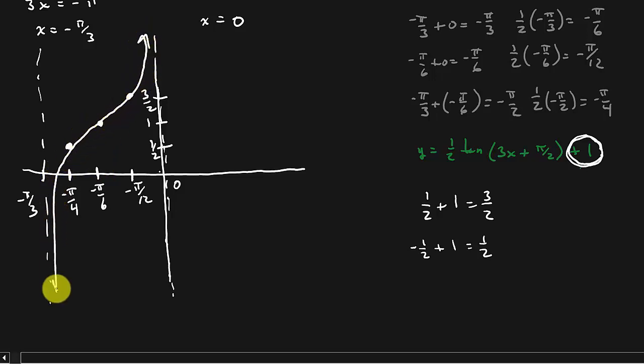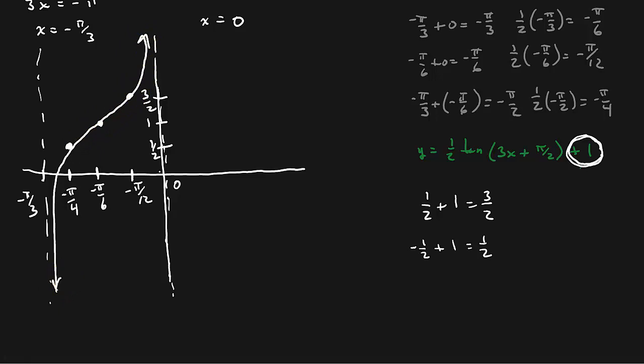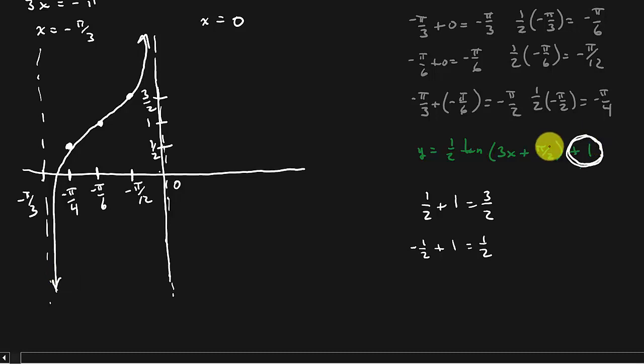So my graph would look like this. Let me just sketch this part without the plus 1. I would have a negative 1/2 here. So it would start out here, then go here, and then go to 1/2.